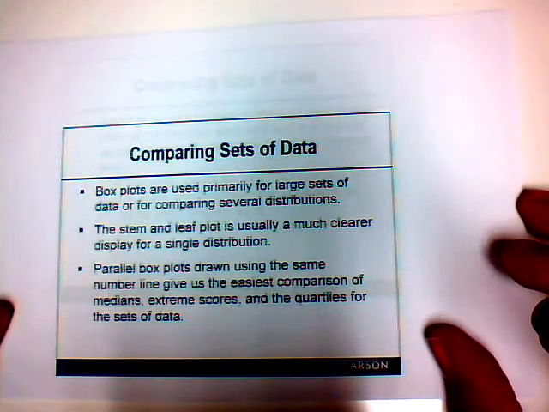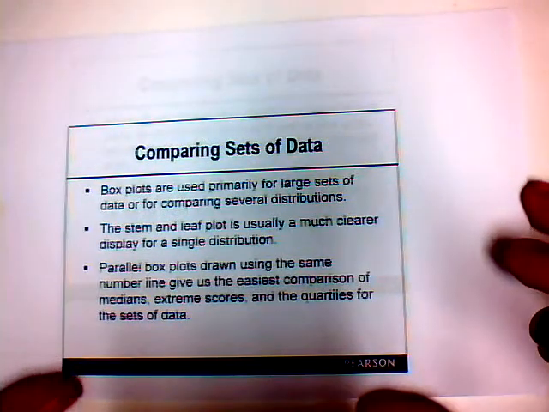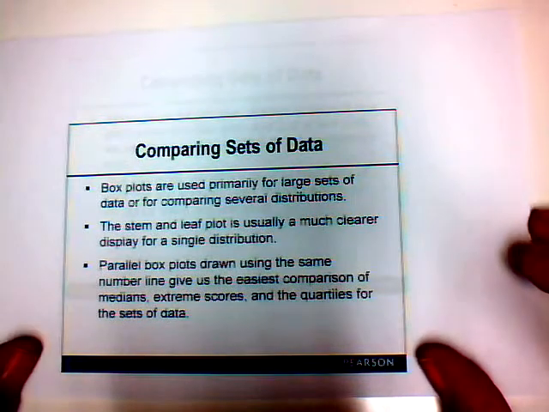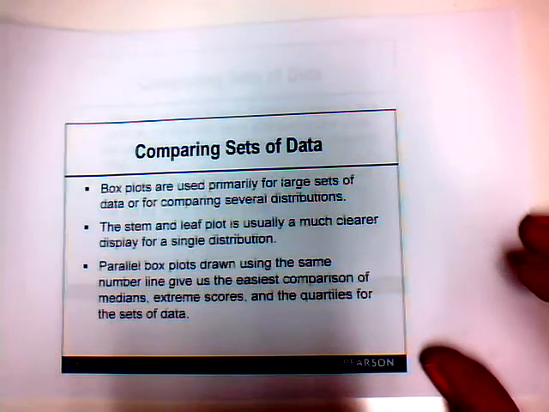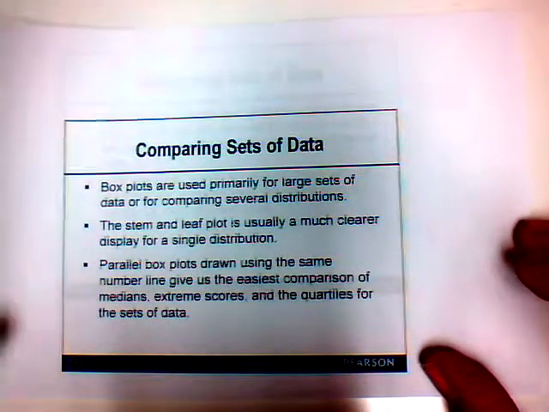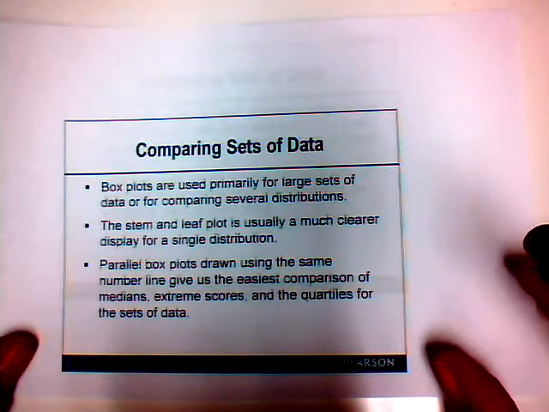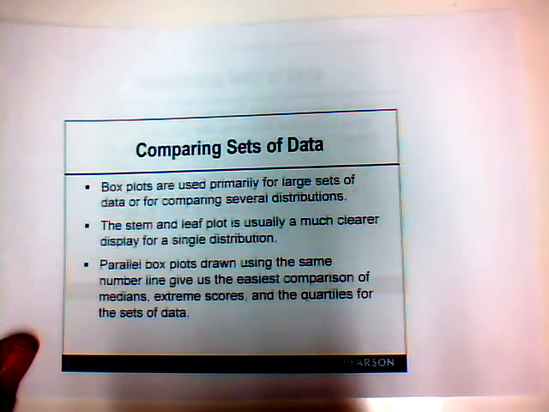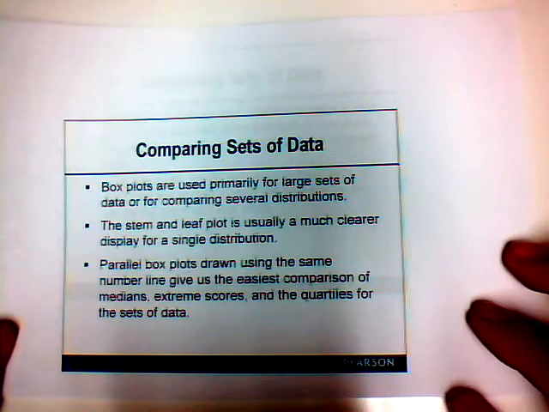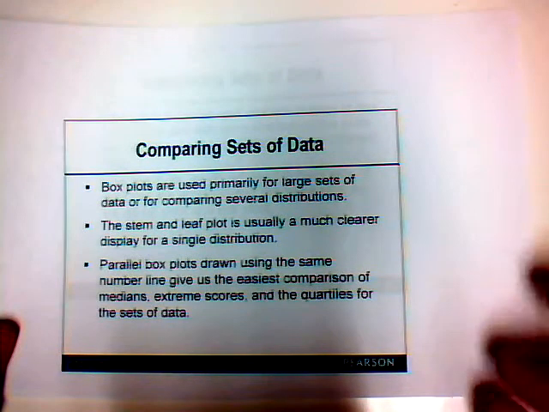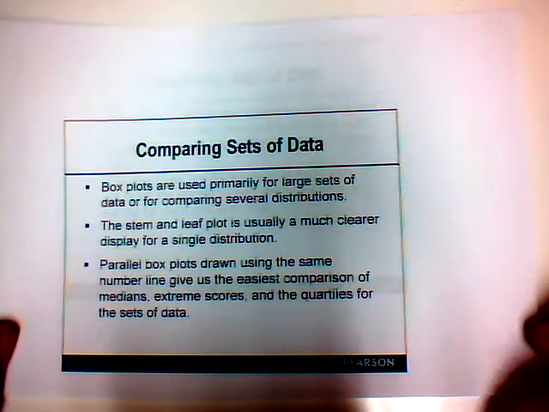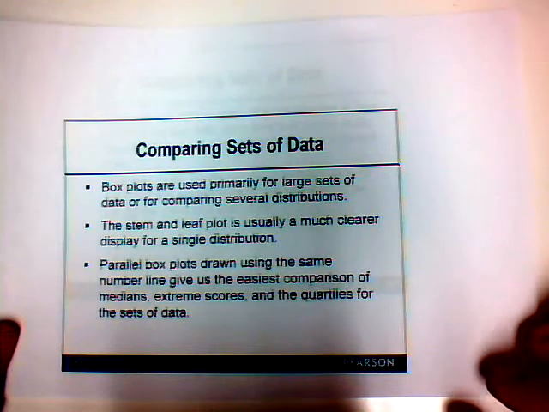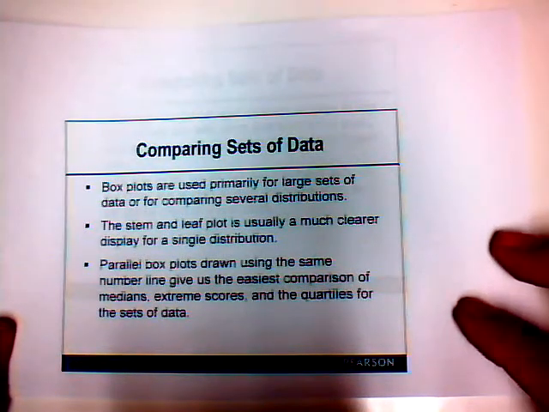Okay, how can we compare sets of data? Box plots are used primarily for large sets of data or for comparing several distributions. The stem and leaf plot is usually a much clearer display for a single distribution. Parallel box plots are drawn using the same number line. Using the same number line gives us the easiest comparison of medians, extreme scores, and the quartiles for the sets of data.